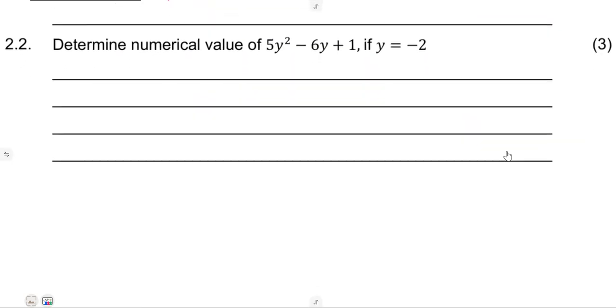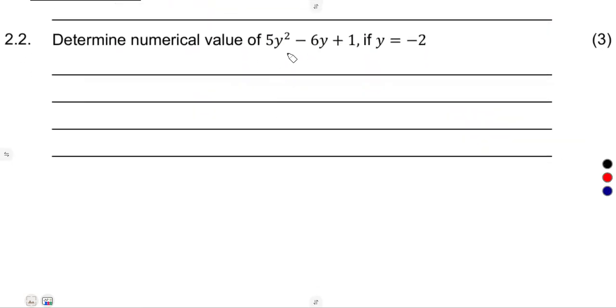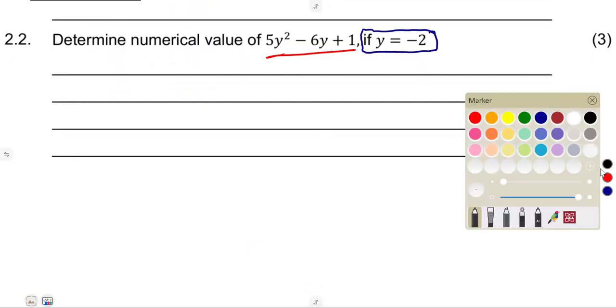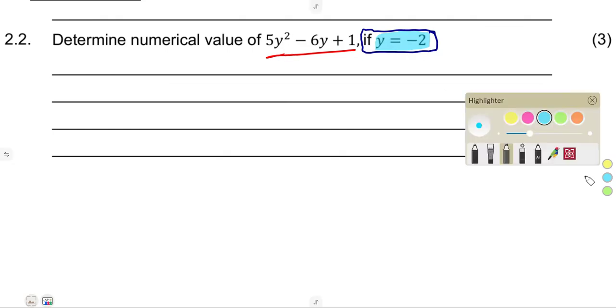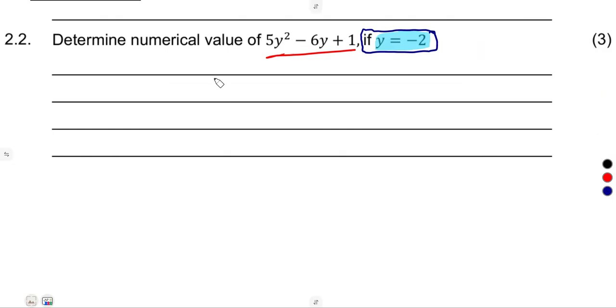Okay, let's check another part of the question. Determine the numerical value of this expression provided that y is equal to minus 2. If y is minus 2, it's a given statement that you must put into consideration. Where you see the y, replace it with minus 2, just like that. So let's substitute.